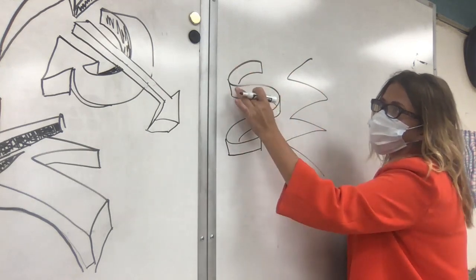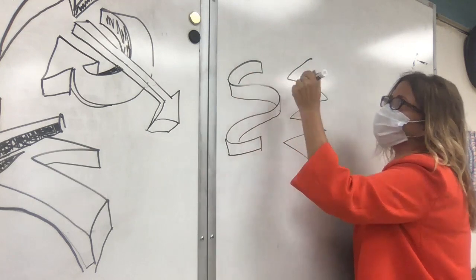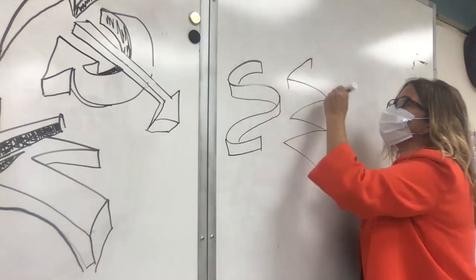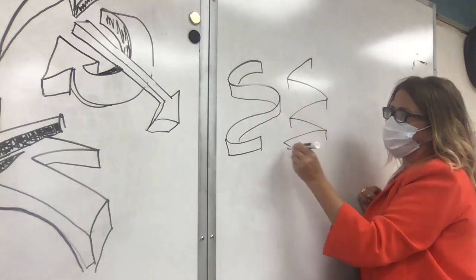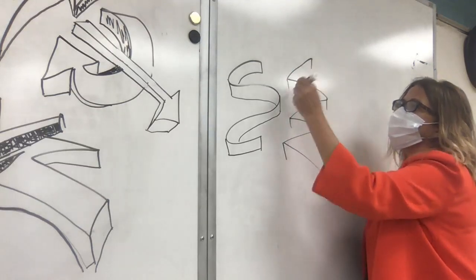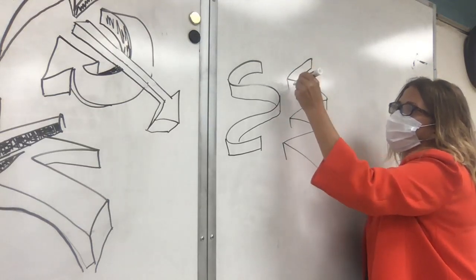The goal is to try to keep this even. See how I got wide right there? Same thing here. Might look better with the angular way, literally going from here to here, here to here.